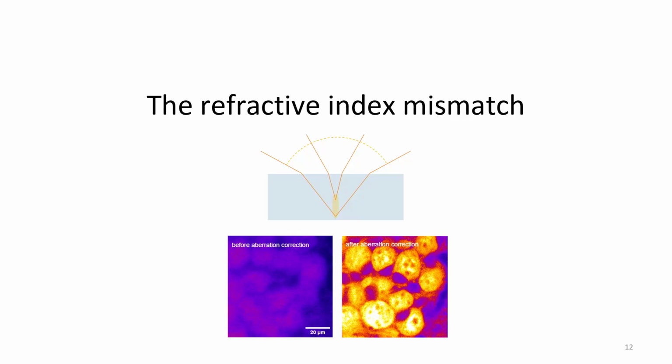But the clearing protocol leaves the cochlea at a very high refractive index. If you go a millimeter deep inside, there's nothing you can see. And this I think is really where AO can shine because it's easy to correct. You can analytically calculate the aberration and then just display it, and you can have very high enhancements.